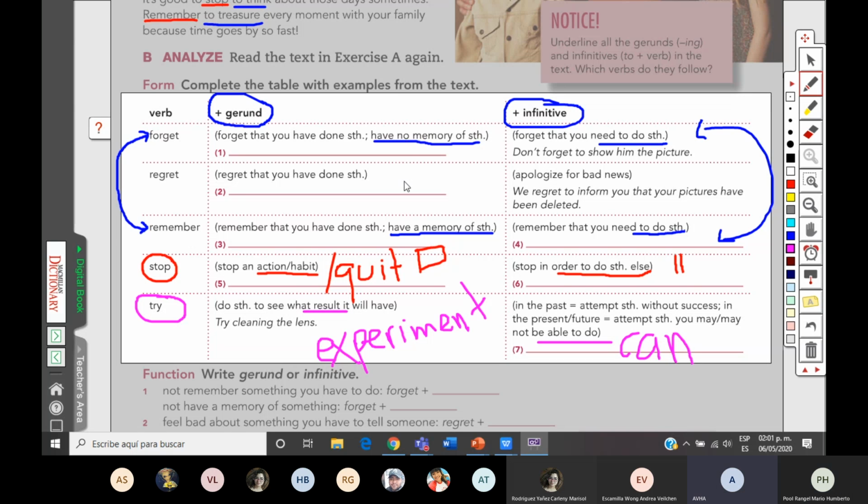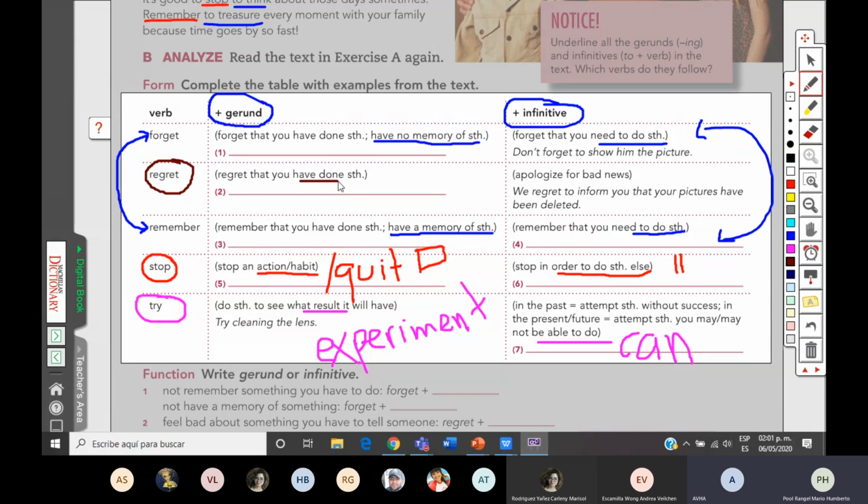Okay. Y finally, we have here regret. Now, regret is very simple because when we use regret with gerund, it's basically because we are sorry, we feel bad, we feel sorry about something that we have done in the past. So technically, we regret doing something.